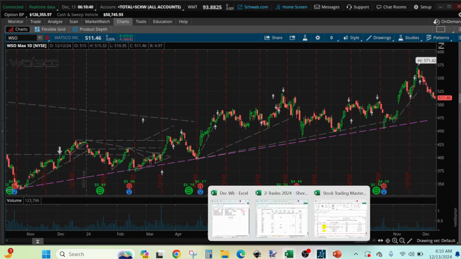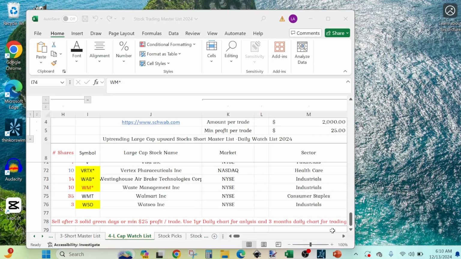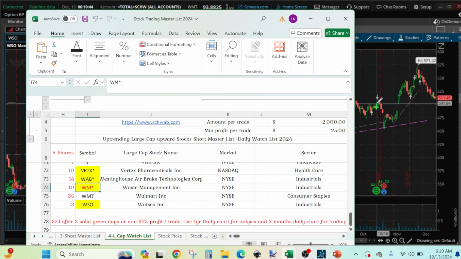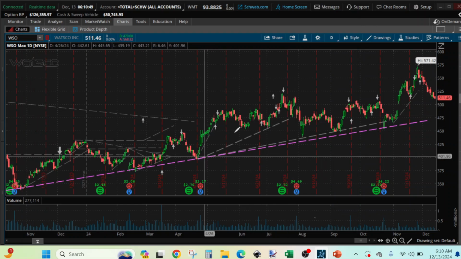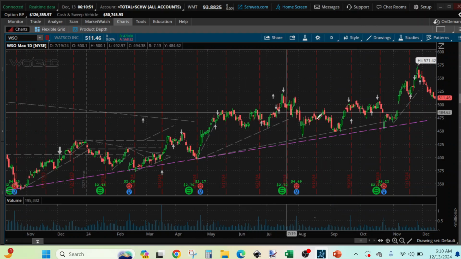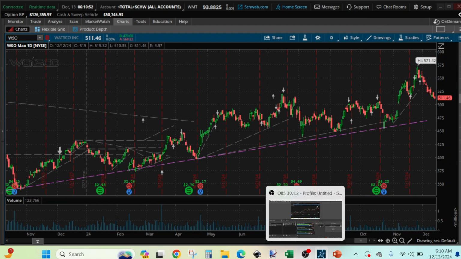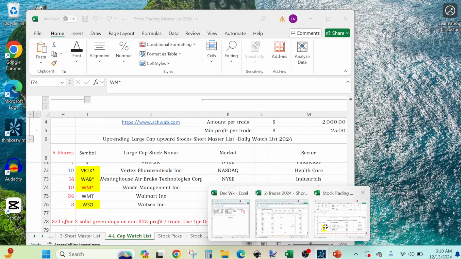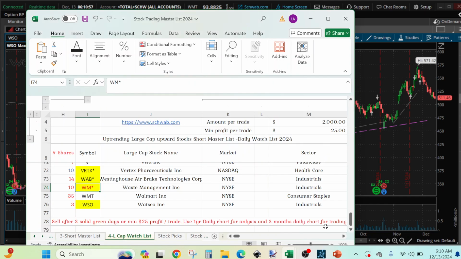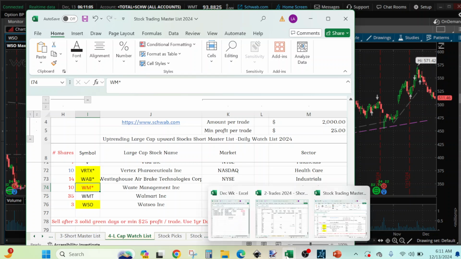One will use more of your time, one will use more of your money. The first one will be in your portfolio for a while, and the second option is for you to spend more of your cash and buy more shares to reach that profit in a shorter time frame.